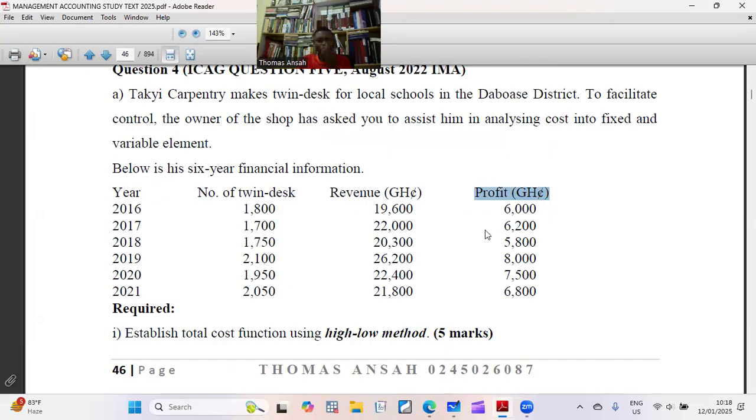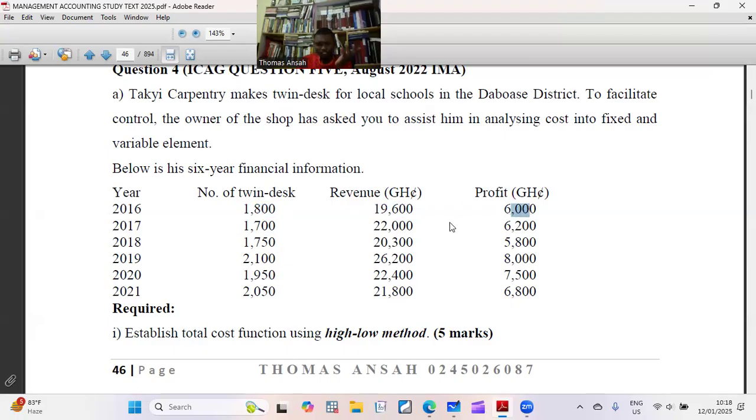So what will be cost? Can you think now? What will be the total cost? If this is the total revenue, I'm guiding you, and this is your profit. We said that when you pick the activity level, also pick what? The associated cost. But you don't have the associated cost. You have revenue and you have profit.